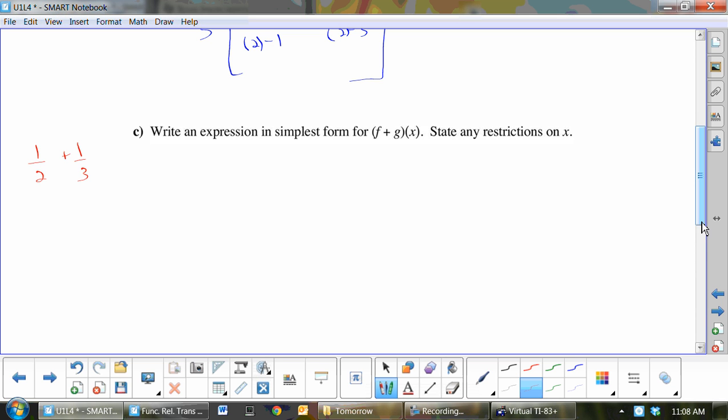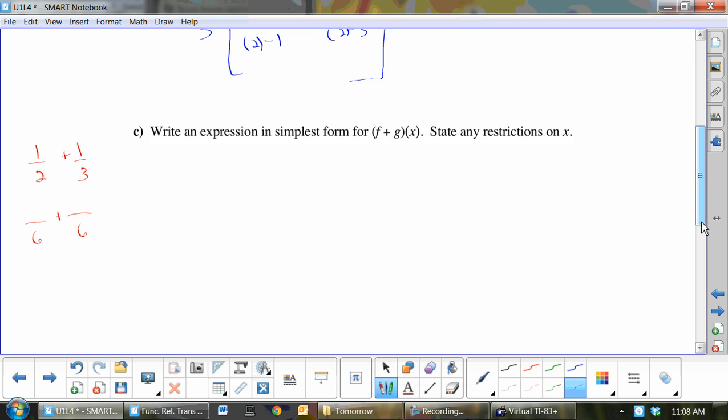I need to add 1/2 plus 1/3, and hopefully I'm not getting 2/5. Addition and subtraction have that nasty thing of I have to do what? A common denominator. Now, what's the common denominator? 6. Underneath, I'm going to put the common denominator 6.